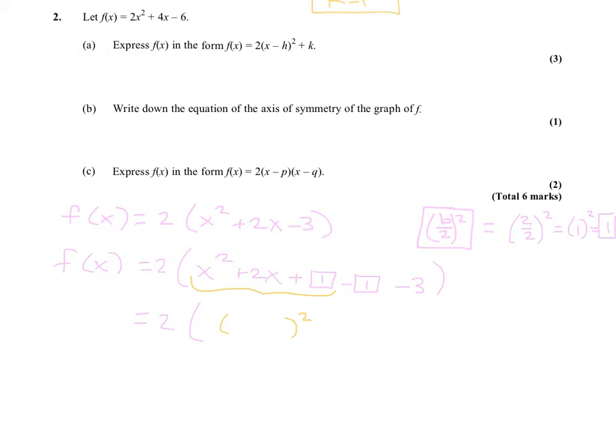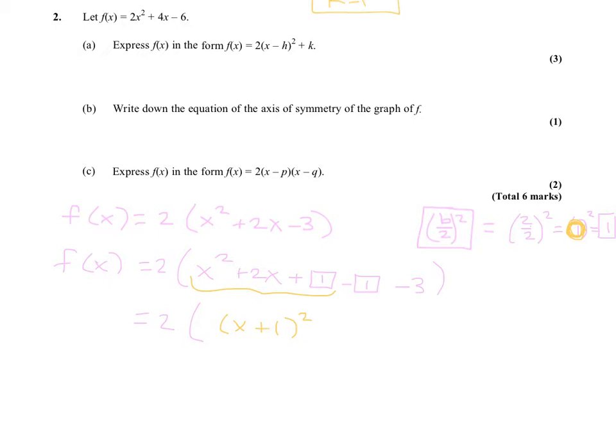Now, sometimes it's going to be messier and it's not going to look real nice, so don't stress yourself about how to factor that, because it's always going to be x plus whatever this number here is. So that number right there is 1, so it's x plus 1. If that number was a negative 1, it'd be x minus 1. Okay? So it's always that number, so we don't have to worry about the stress of if that was messier with fractions and we don't want to worry about factoring it.